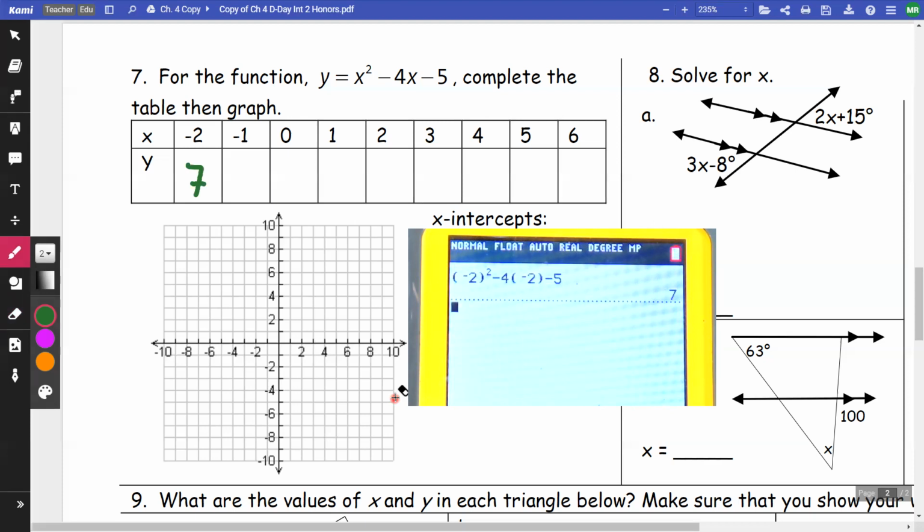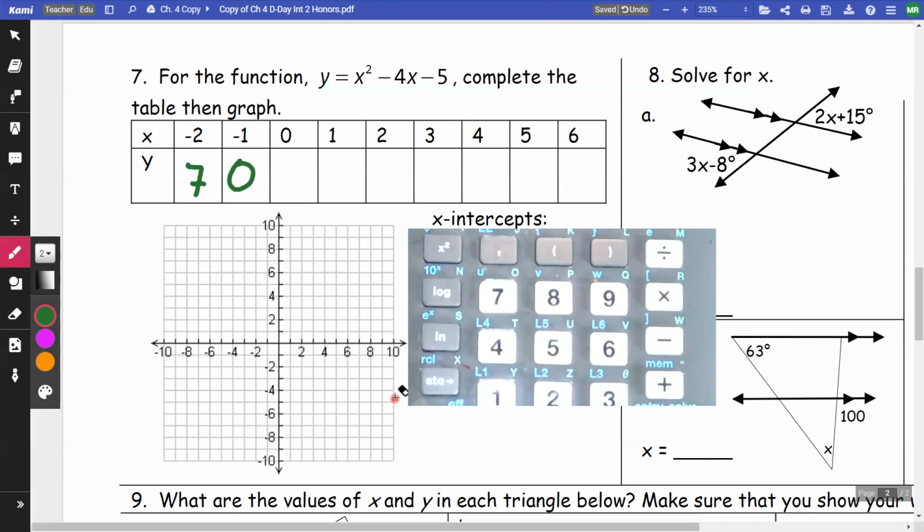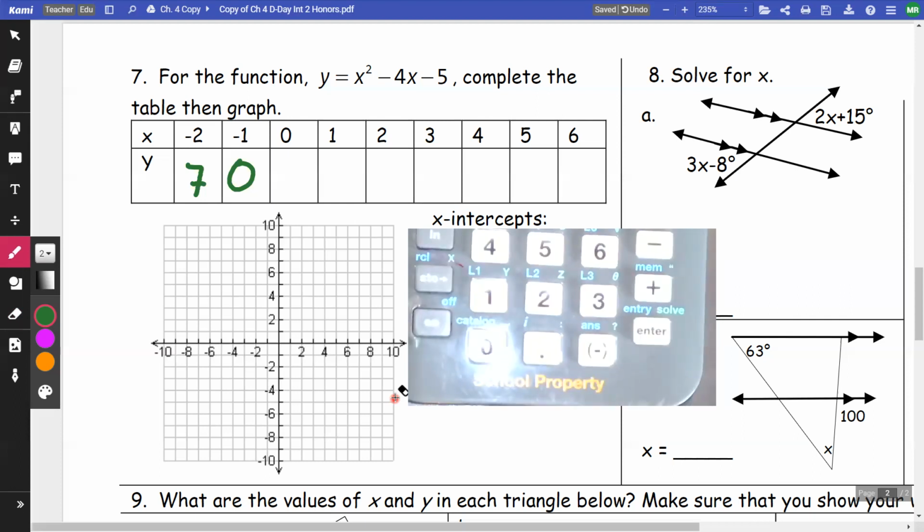And then on these calculators, I can either arrow up and highlight it and hit enter, and then just change these numbers to a -1 and have it give me the answer. I can also hit the blue second button and this enter button, and the word entry is there.